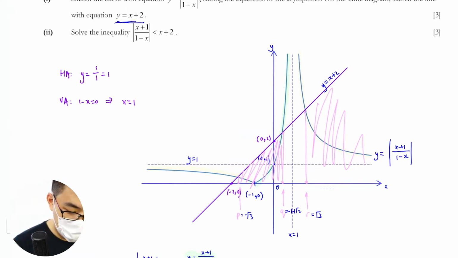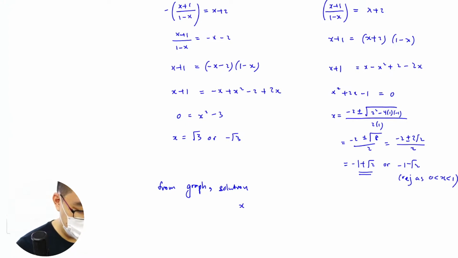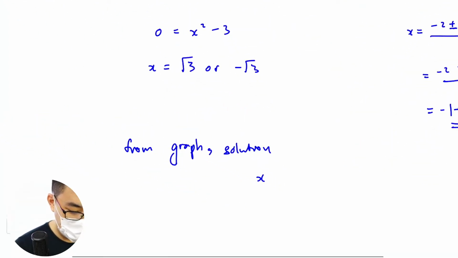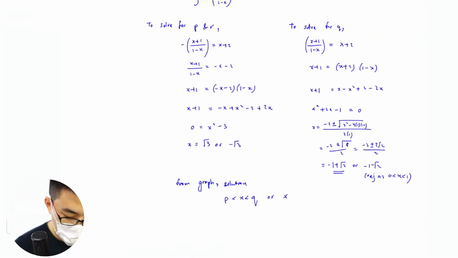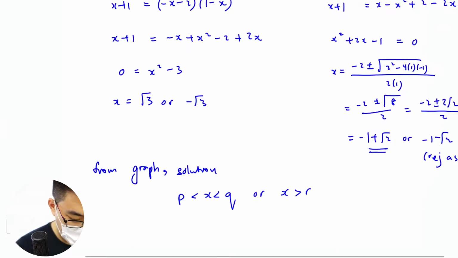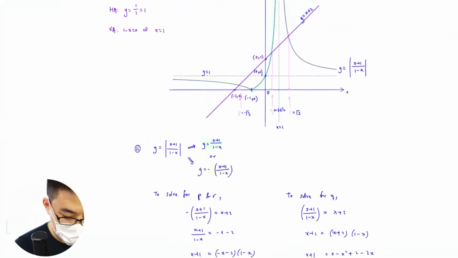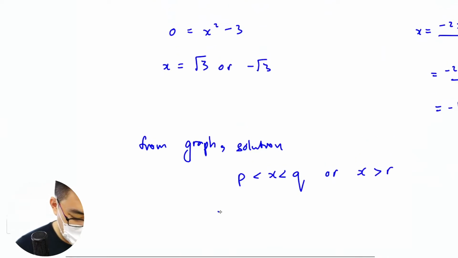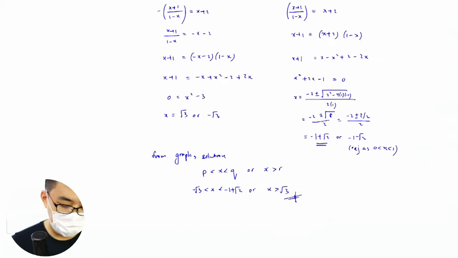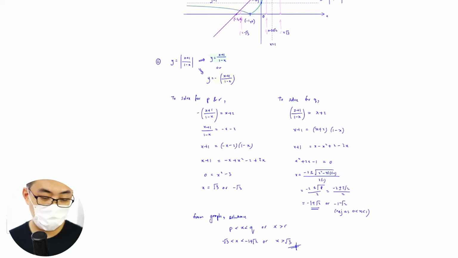So essentially what we need is from P to Q, or x bigger than R. P is what? P is minus root 3. Q is, okay. I do it.